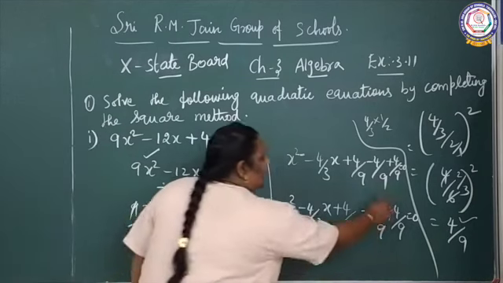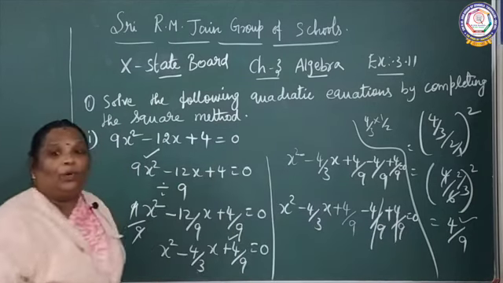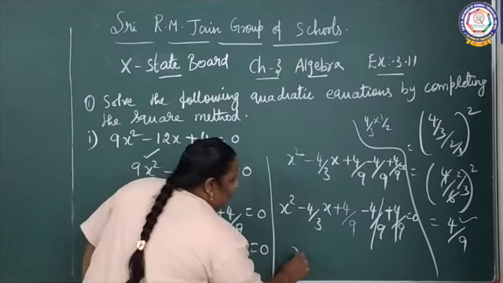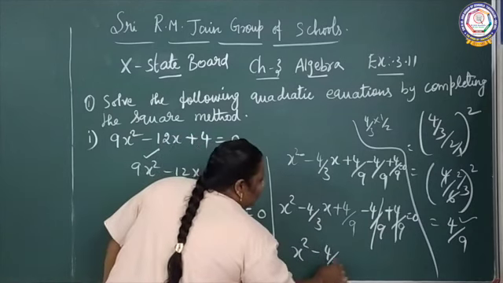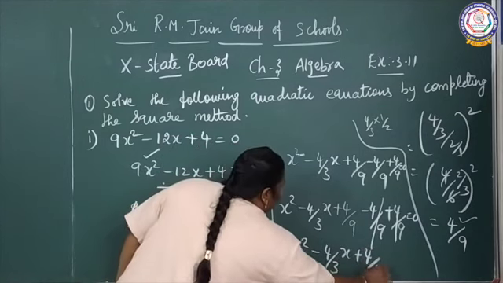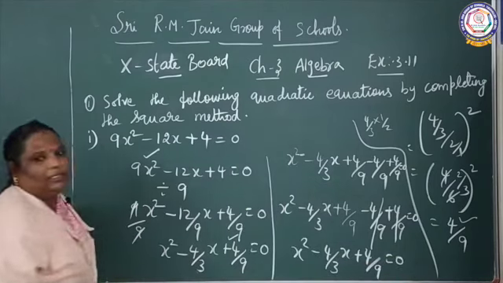Plus 4 by 9 minus 4 by 9 will get cancelled. What is the remaining thing left out? x square minus 4 by 3x plus 4 by 9 equal to 0.